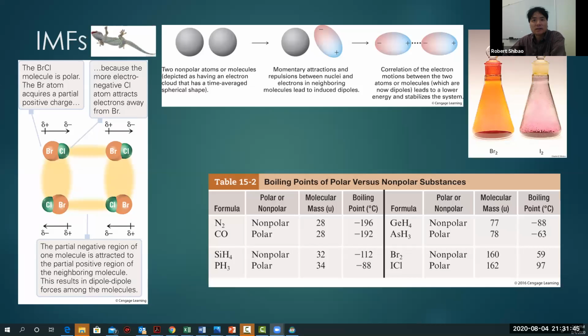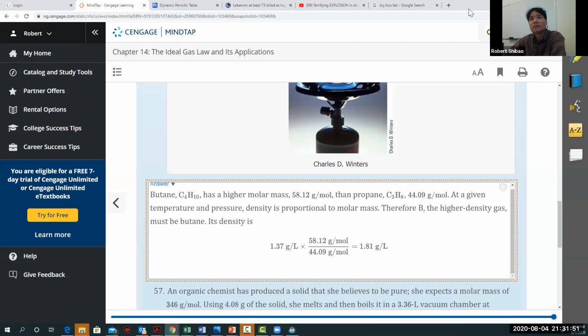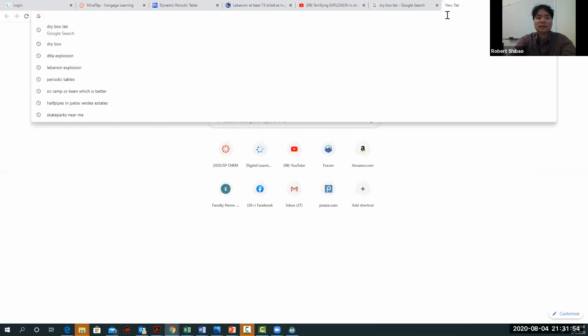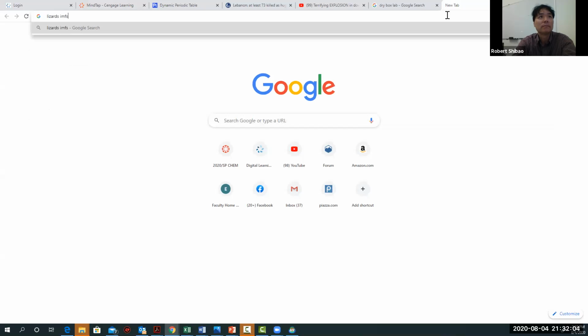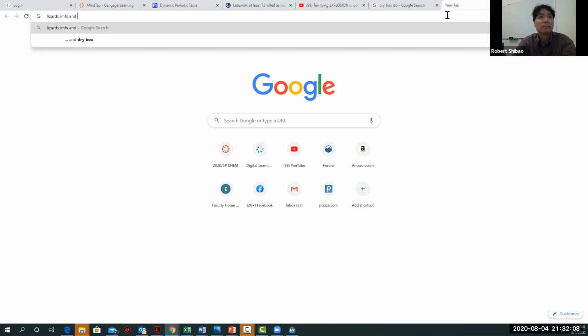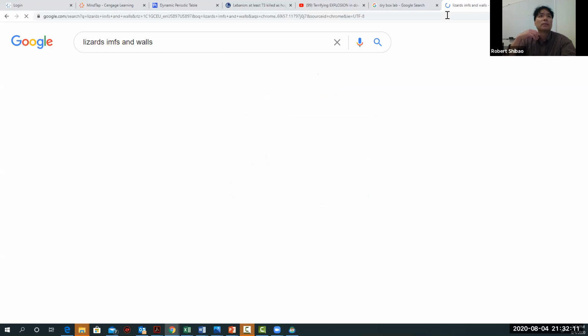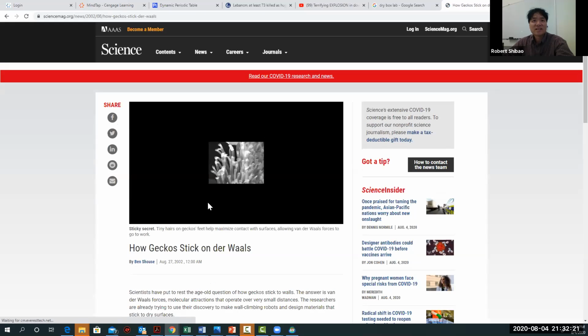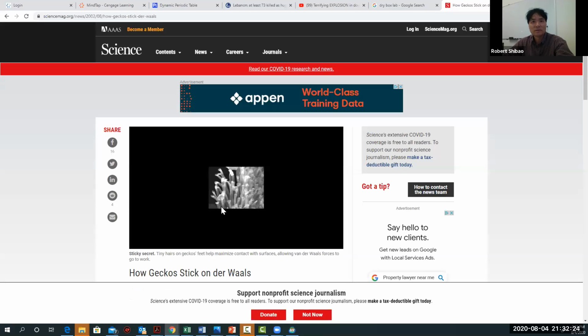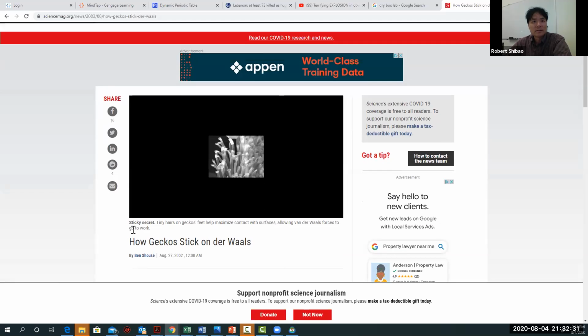And so a group of scientists studied it, and they found the secret to how lizards can hang on to nothing, basically glass. And this is the sticky secret of lizards.